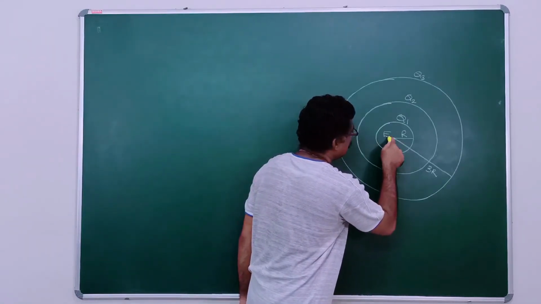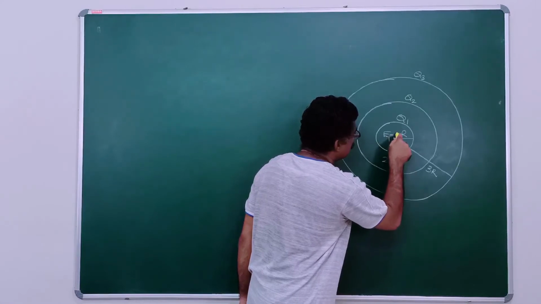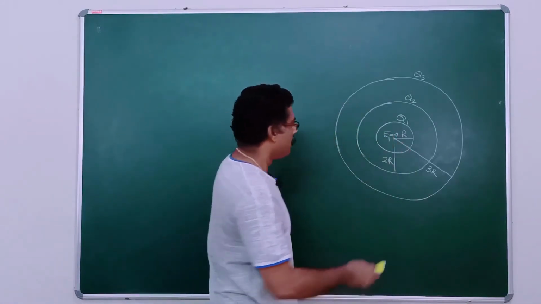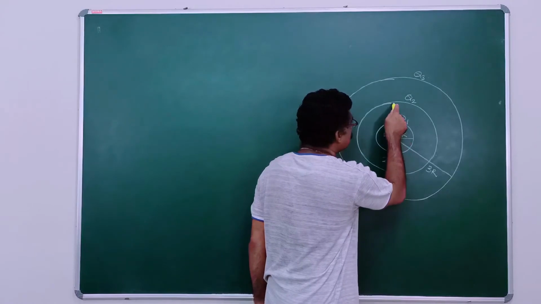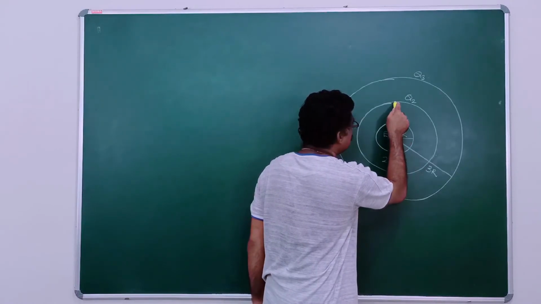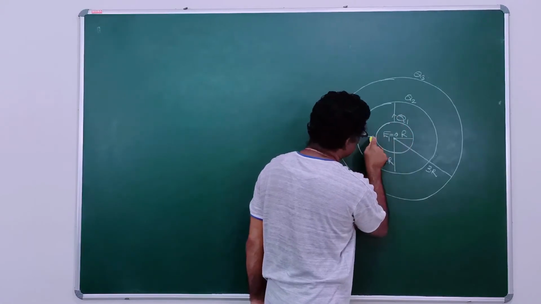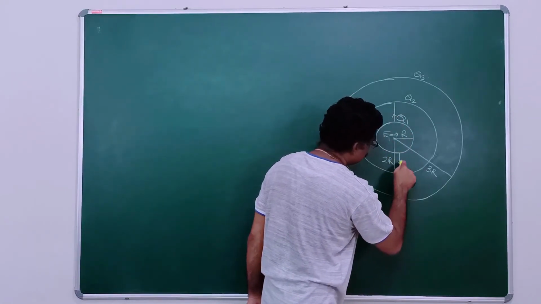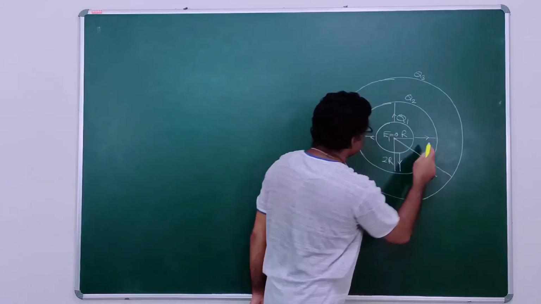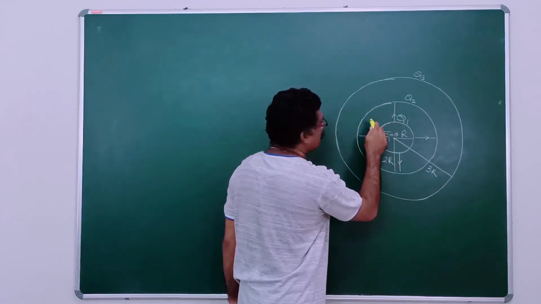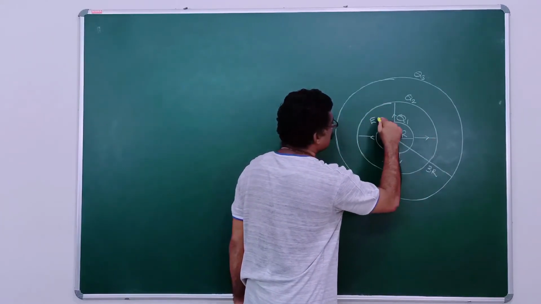So here the electric field E1 is 0. But this charge produces an electric field. If it is positive, then it is radially outward, like this. So in this region the electric field is not 0.